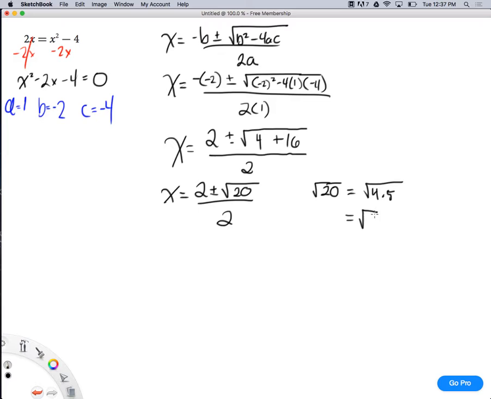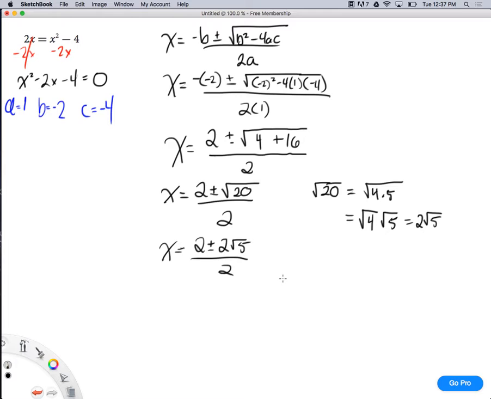Well, then I could use the product property to separate that as square root of 4 times square root of 5. And then I end up with, what's the square root of 4? 2. Do I know the square root of 5? No, so I leave it like that. Okay, I take that number and I plug it back in here. I get 2 plus or minus 2 radical 5 over 2. Does that make sense? Yeah?